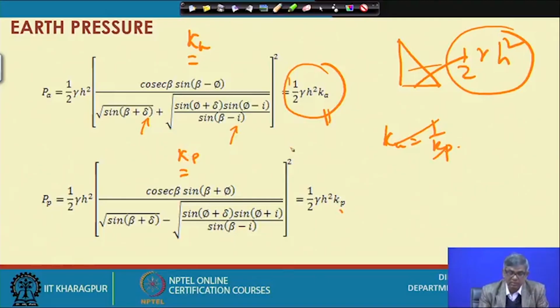This is a very generalized expression, a little lengthy, but it is a function of all the angles: the angle of the wall face, the angle of internal friction, the friction angle between the backfill and the wall face, and the backfill inclination.